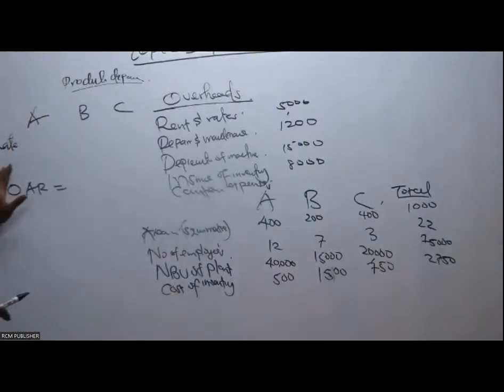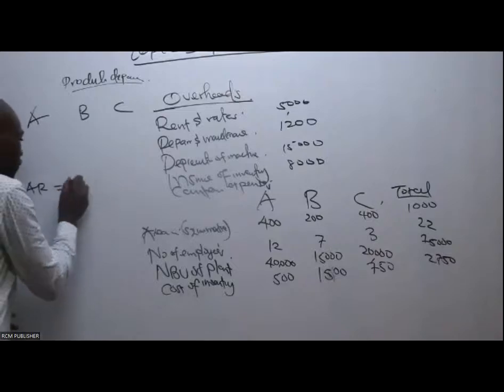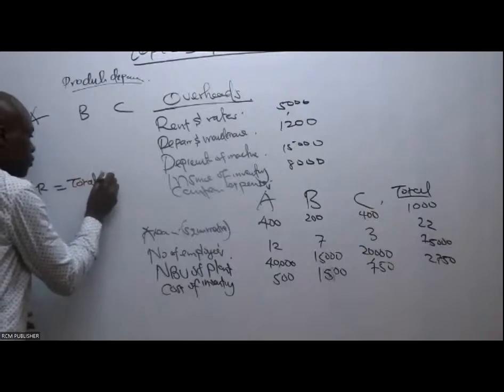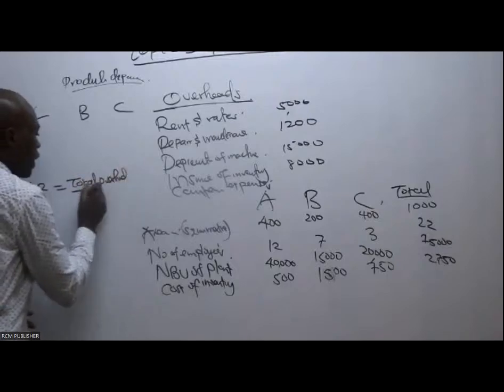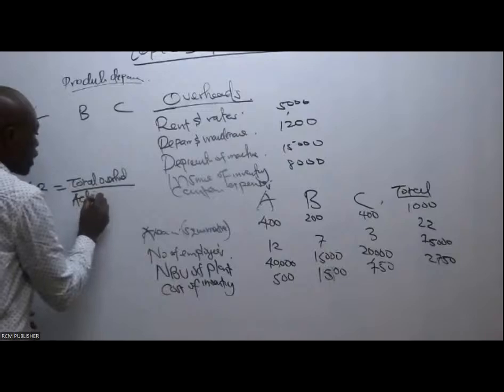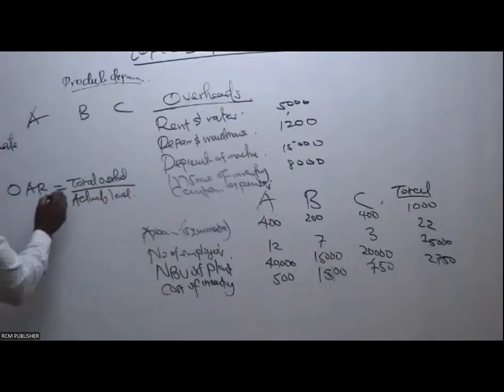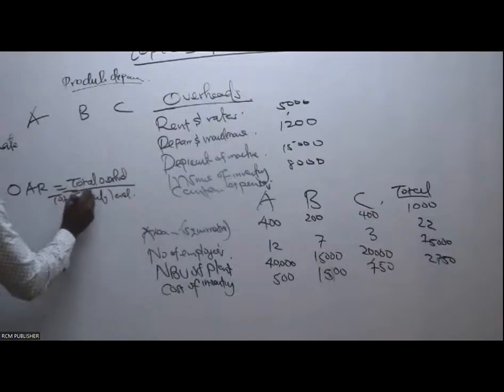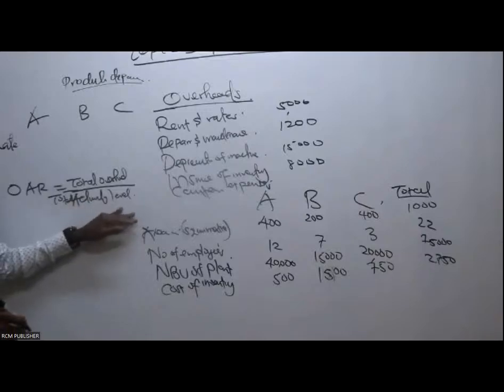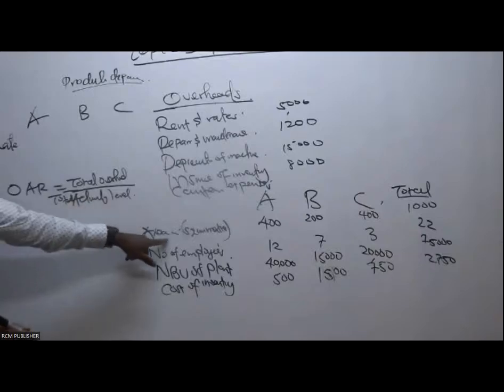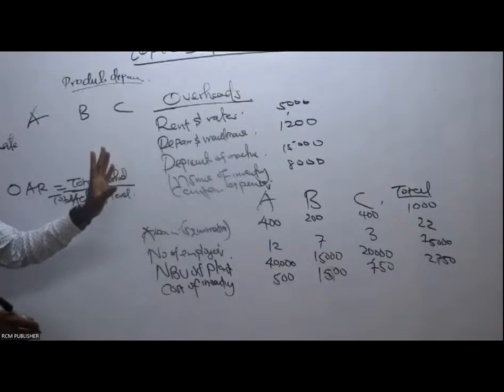We are going to look for the overhead absorption rate, which is going to be the total overhead over the total activity level. Remember, some books indicate total number of units. Now, if you're dealing with area, we are not dealing with product, so there is no unit.